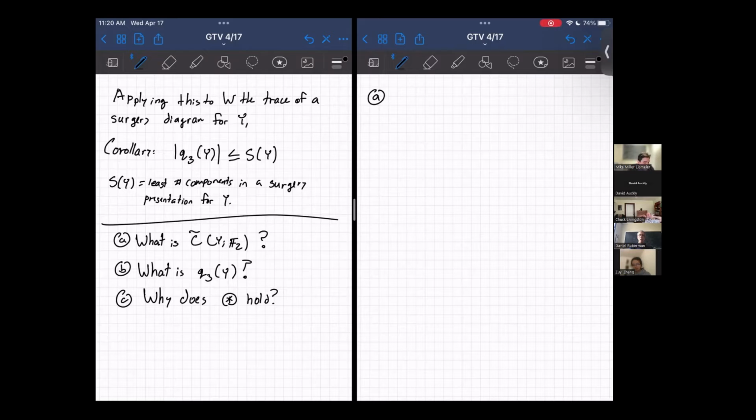So to start, let me talk about this complex C tilde. This comes from considering moduli spaces of framed ASD connections.